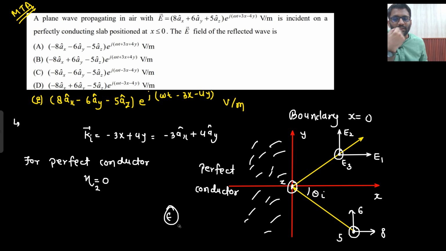What else can you think? What do we know? For an EM wave, the direction of propagation and electric field are perpendicular to each other. This is always true: E, K and H will be perpendicular to each other.